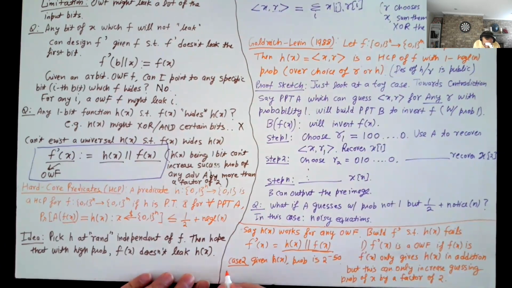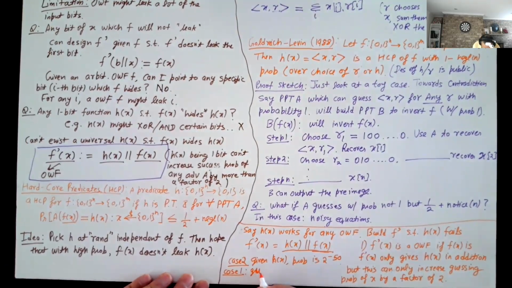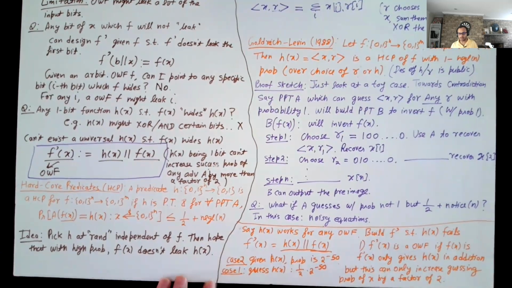Now in case 1, I can go back to case 1. I'm not given h of x, but I can just guess h of x, and I'll be correct with probability half. And now I'm in case 2, so it's half times 2 to the power minus 50, which is much better than 2 to the power minus 80.